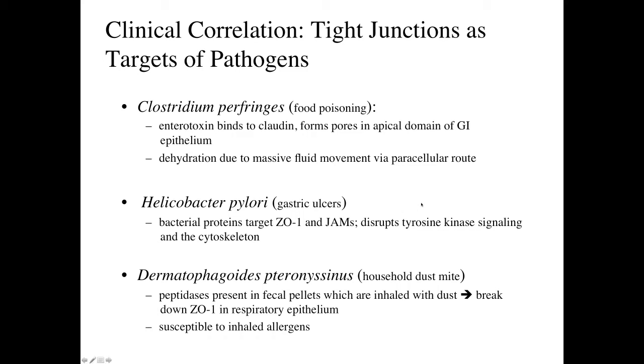And finally, the common household dust mite, and I'm not even going to attempt to pronounce the scientific name, but there are peptidases in the fecal pellets of these organisms that, when you inhale the fecal pellets with dust, break down the zonula occludens in respiratory epithelium, and that makes individuals susceptible to a variety of inhaled allergens.